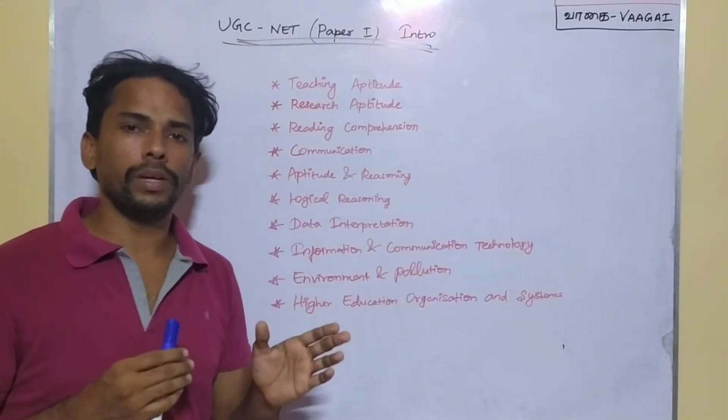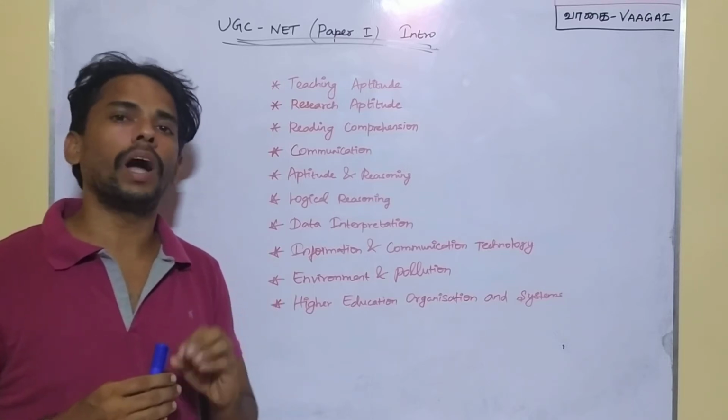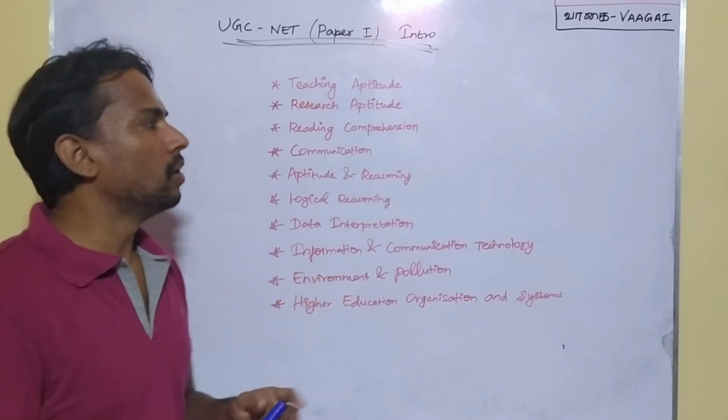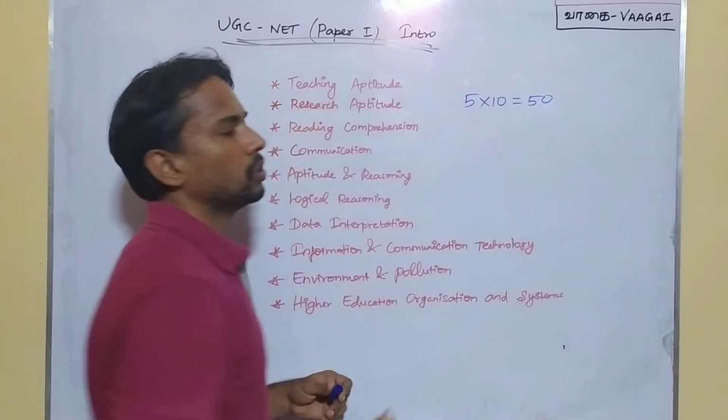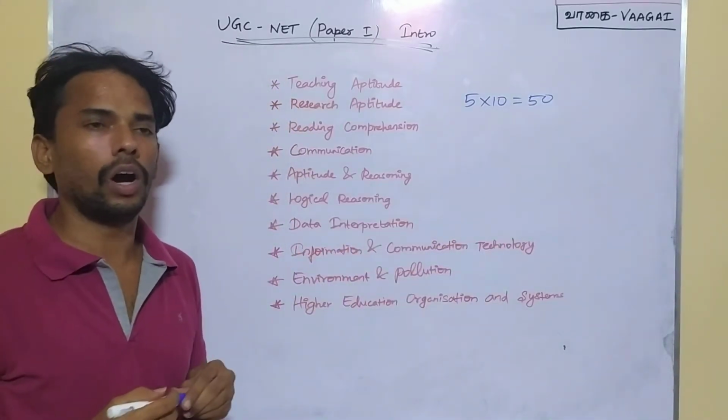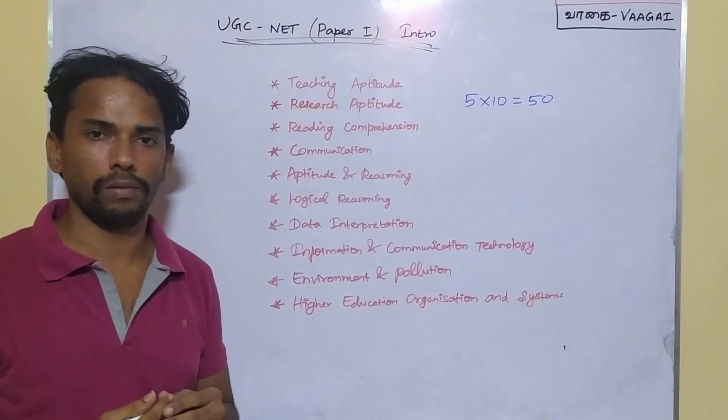Each topic will have 5 questions, and hence 5 tens are a total of 50 questions. This is going to be the composition of our UGC NET Paper 1.